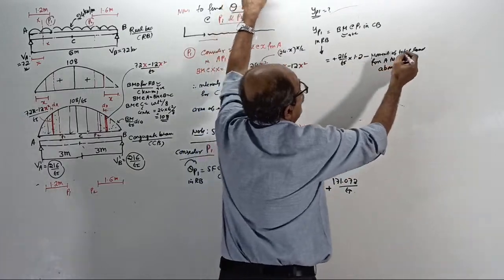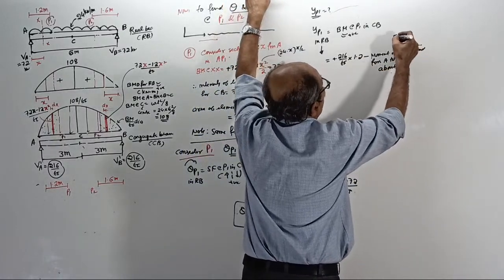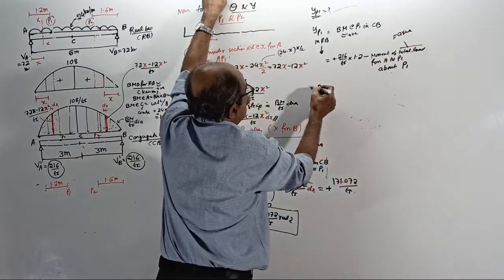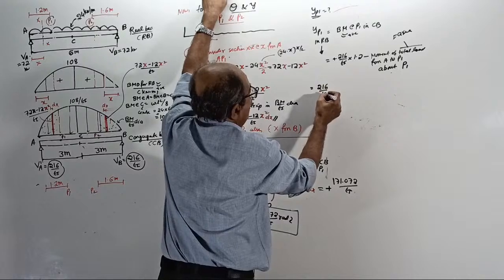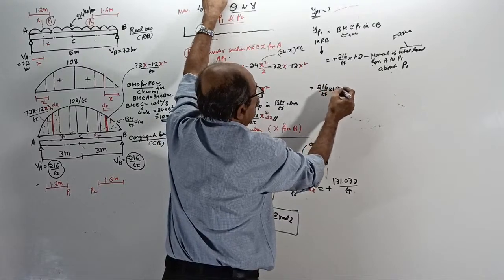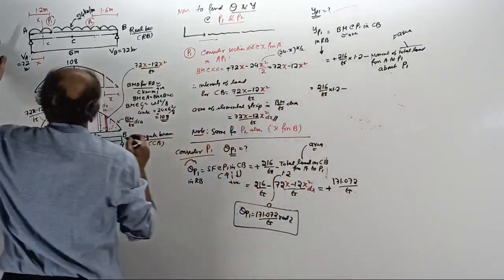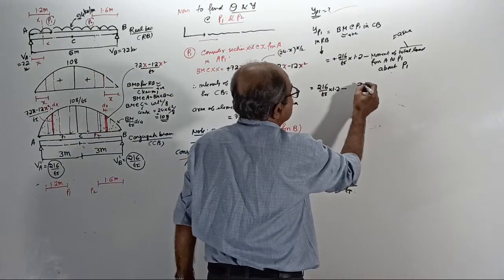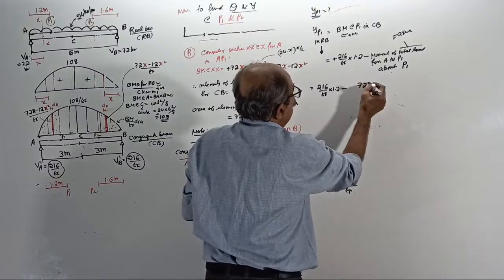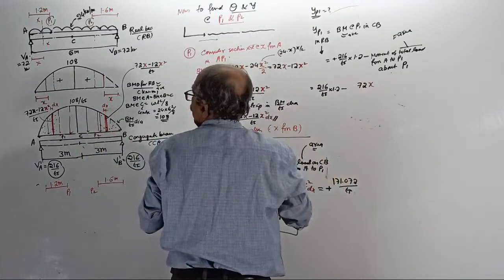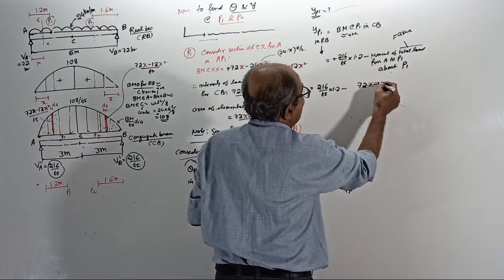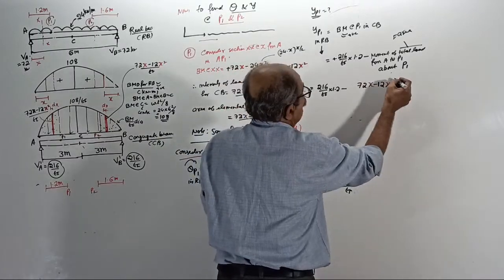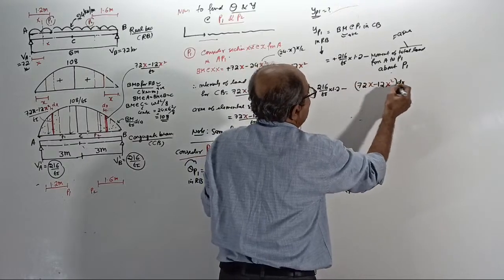But you know that load is nothing but area only. You know 1000 times. Area equal to 216 by EI into 1.2 minus. See here. The strip area is 72x minus 12x square into dx by EI.